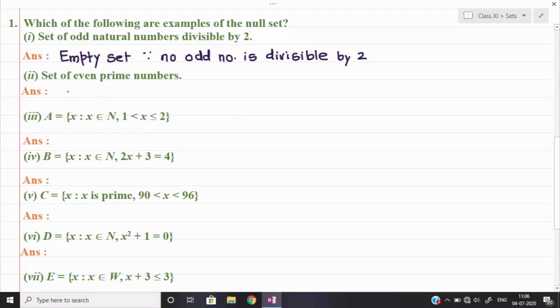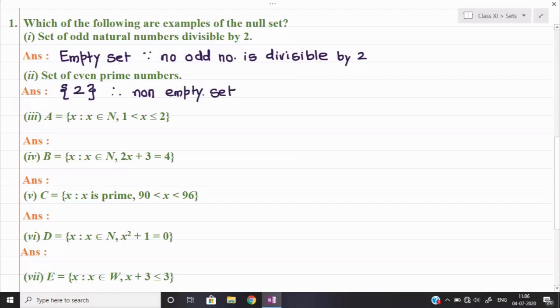Who is the even prime number? Here we can say that in this set we will get only one prime number, that is 2, and therefore it is a non-empty set. This will be non-empty because at least one element is lying over there.